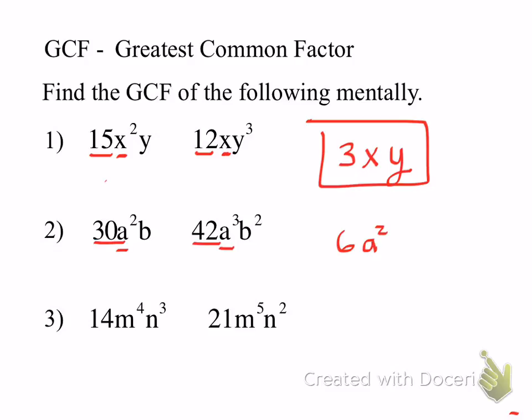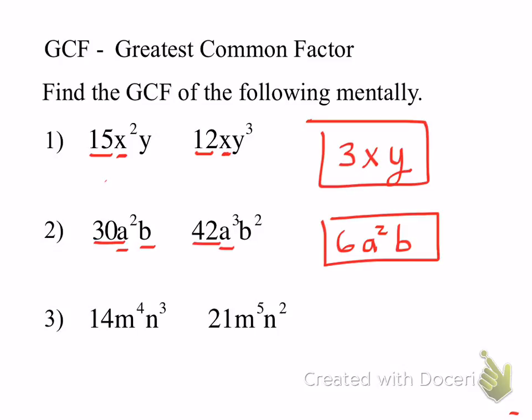Okay? What's the greatest amount of b's, Hike? 1. Don't say 1, say b to the first. So this then becomes our greatest common factor. Okay, pause the recording and find the GCF for number 3.